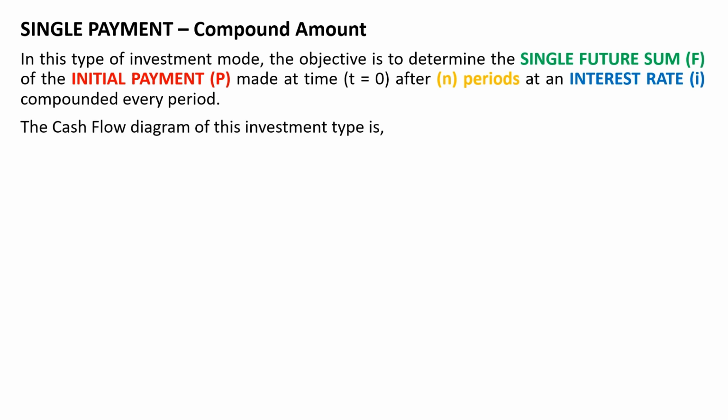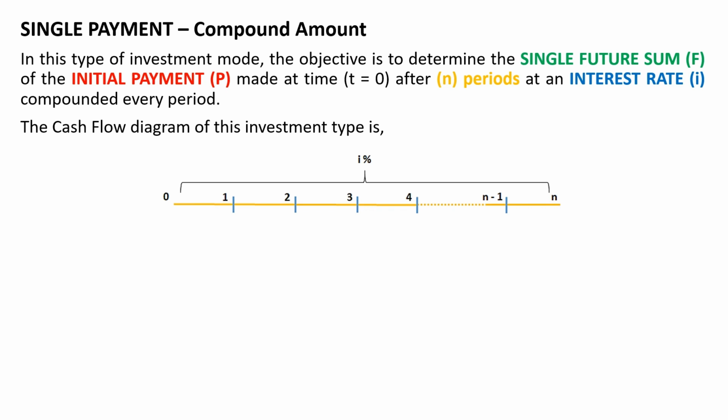The cash flow diagram of this investment is, you have a timeline and you have made an initial payment P at time t equal to 0. You are supposed to determine the value of the single future sum after n interest periods.